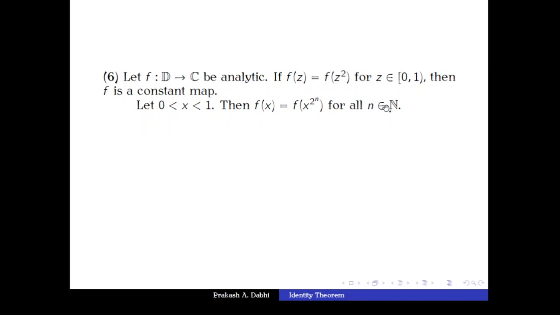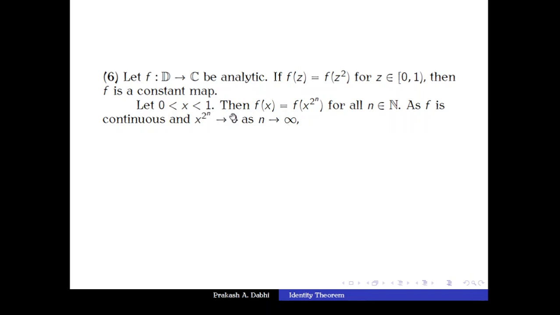So for each n we get f of x equals f of x power 2 power n, and because x is in the open interval (0, 1), x power 2 power n tends to 0 as n tends to infinity.